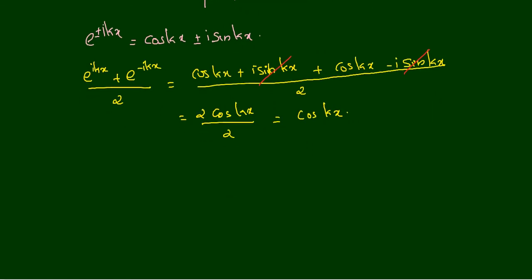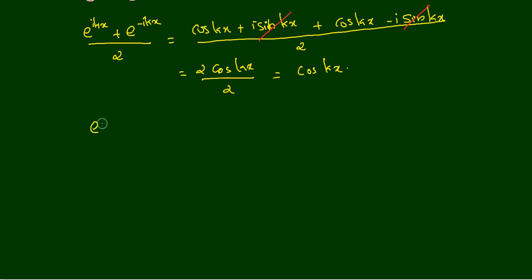Now I am going to calculate e raised to i kx minus e raised to minus i kx divided by 2i.